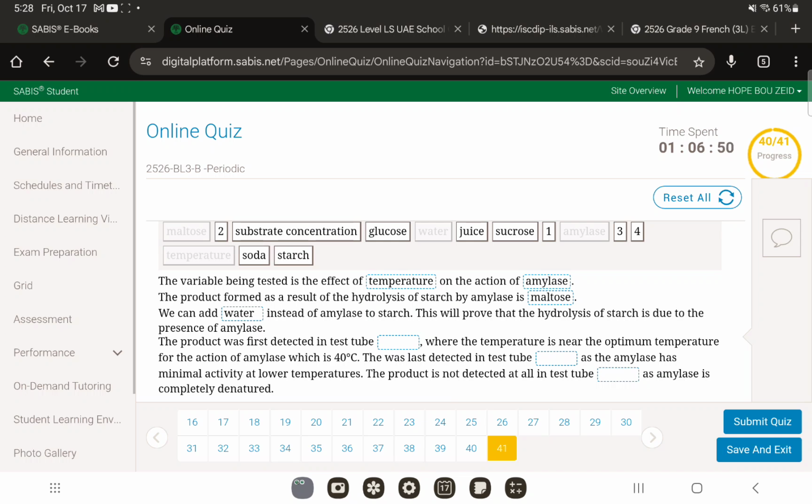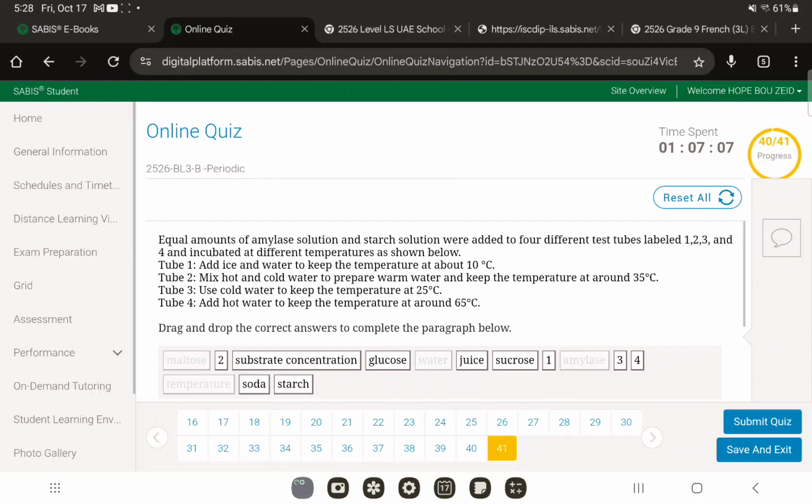The product was first detected in test tube blank, where the temperature is near the optimum temperature for the action of amylase, which is 40 degrees Celsius. So they already told you the optimum temperature, which is 40 degrees Celsius. And here, the one that's closest to 40 degrees Celsius is easily 35 degrees Celsius. Tube 2.